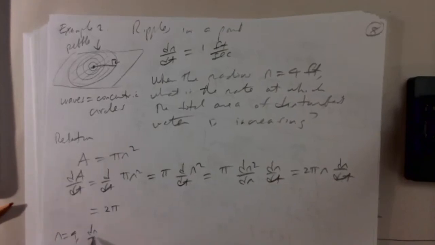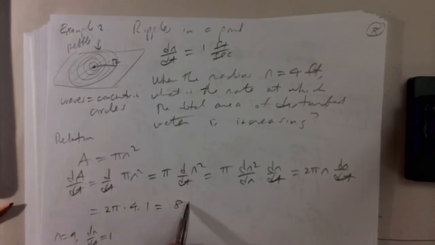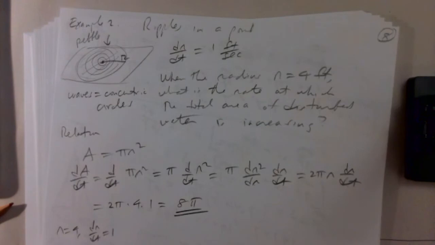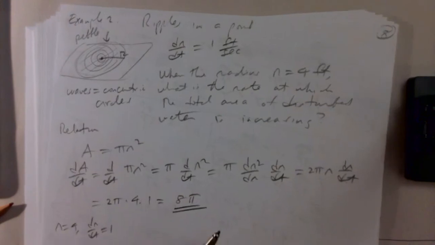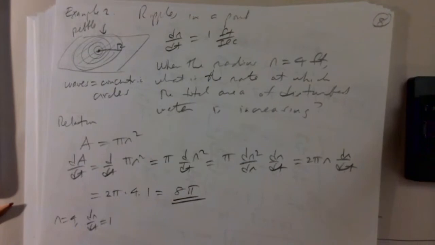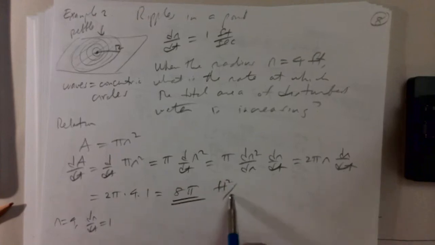So at r equals 4 and dr dt constantly equal to 1, this is 2 pi times 4 times 1, or 8 pi. So when the radius of the outer ripple is 4 feet, the rate of change of the area of the water inside this wave is 8 pi square feet per second. You know the dimension is feet squared because it's area.